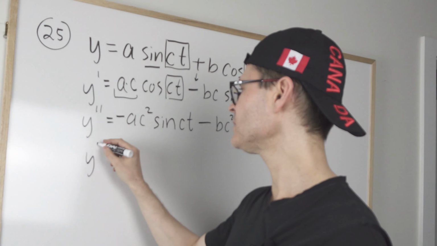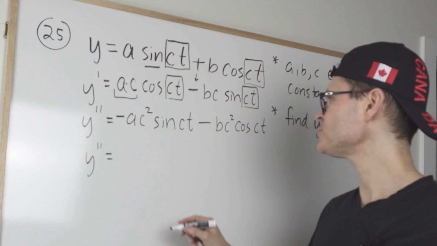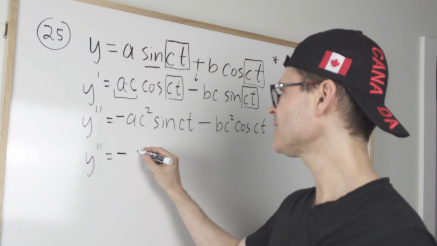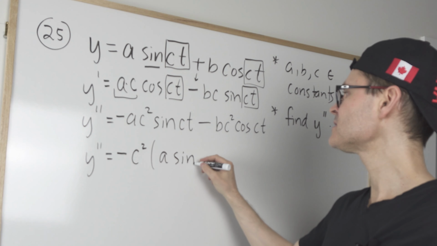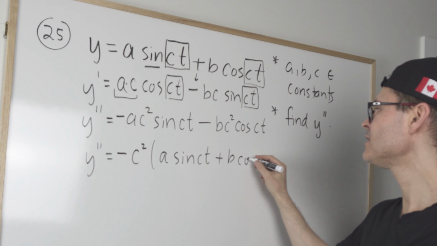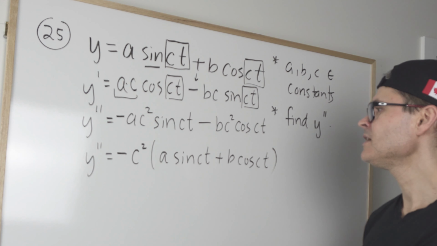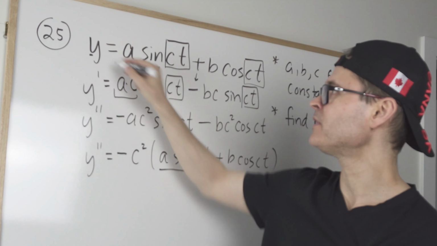I always like to see if I can factorize. So we definitely have a c squared, which we can take out. We can take out a negative c squared, and that leaves us with an a sine ct plus b cosine ct. Do you notice something interesting here? This is the original function y.